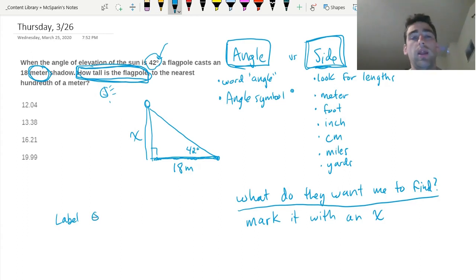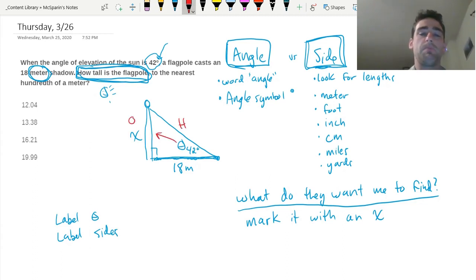When you only know one angle, that's going to be your theta. I know that I need to label sides. So I can do hypotenuse, go across from the theta for my opposite, and go attached to my theta for the adjacent.